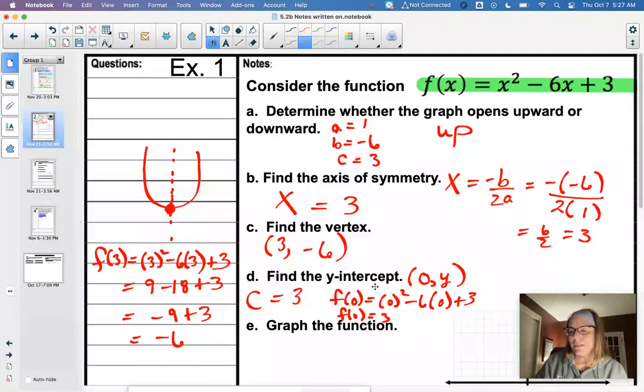So if you forget that when a quadratic function is in standard form the y-intercept is the c value, you can always find a y-intercept by plugging 0 in for x, because that's the definition. A y-intercept is a point on the y-axis, and x is always 0 at all of those places.